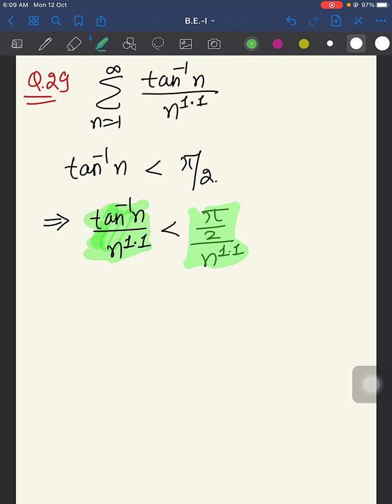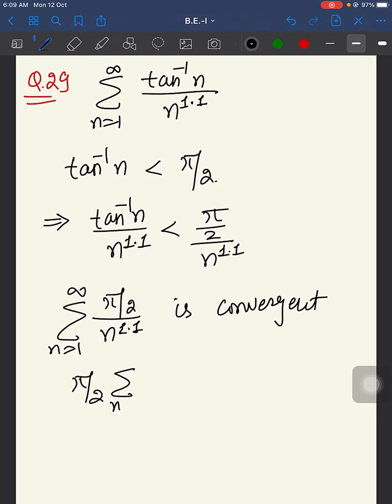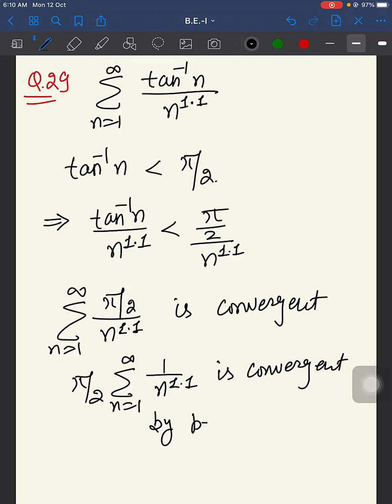So by comparison test, we can apply the comparison test over here. If summation bn is convergent, then summation an is also convergent. But what about bn? Is it convergent? Why is it convergent? Because you can take pi by 2 outside, and this is convergent by p test, as it is greater than 1.